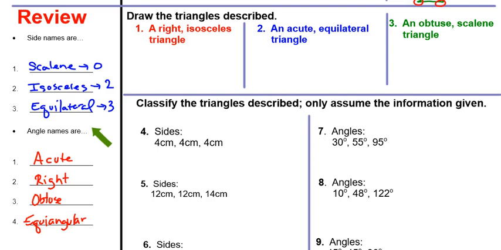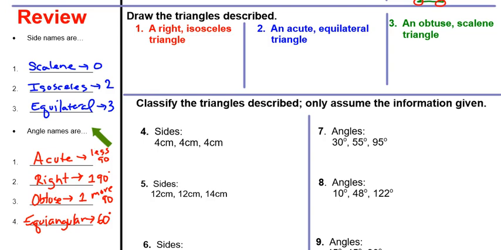Acute, that's where everything was less than 90. Remember, a right triangle had one 90-degree angle. An obtuse triangle has one more than 90. And an equiangular triangle, remember, has all equal angles. In fact, all of the angles are 60 degrees.